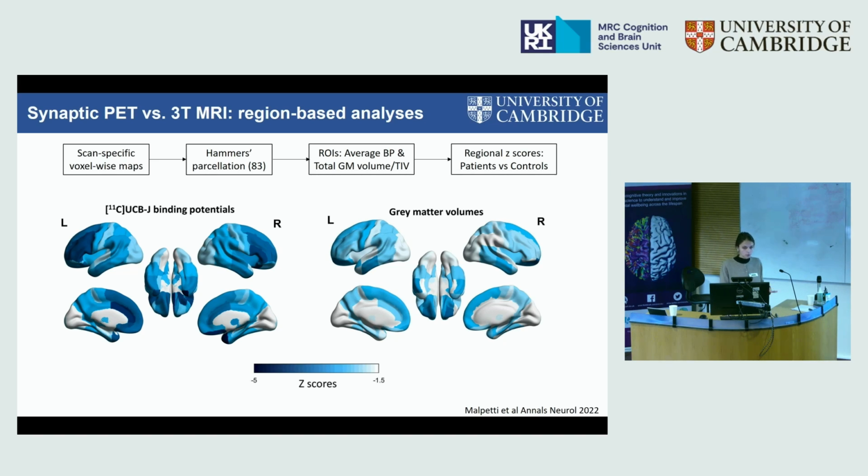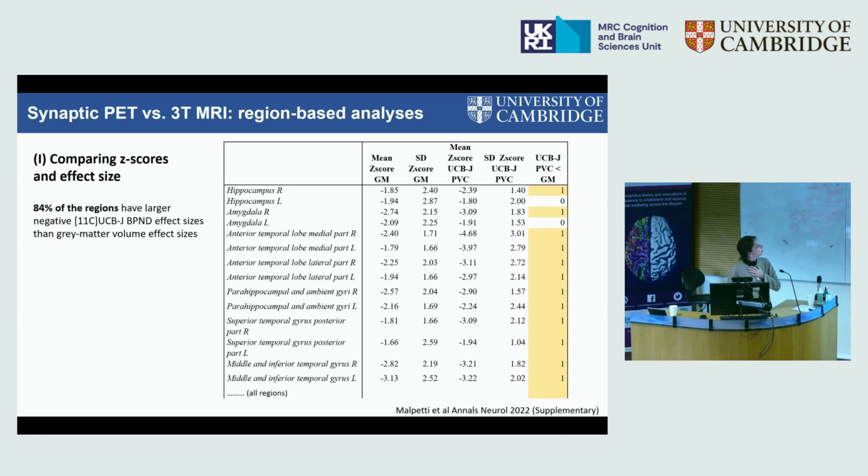But we wanted to be super sure that it was a valid result, so we applied three other validation comparisons, with three different approaches. The first one was comparing the z-scores and effect size. We compared the mean z-scores of gray matter volume and UCBJ across each region, and also the Cohen's d effect size when we compared the z-scores of gray matter volumes and UCBJ between patients and controls.